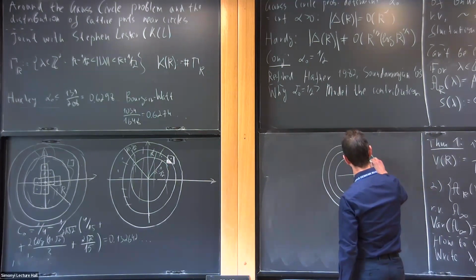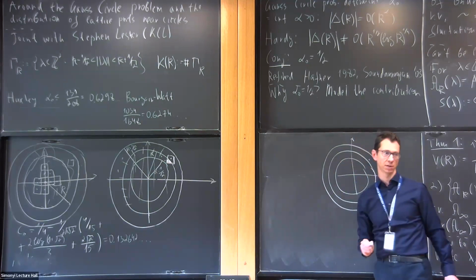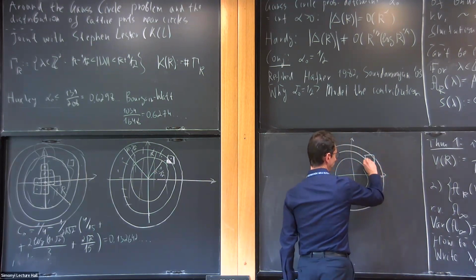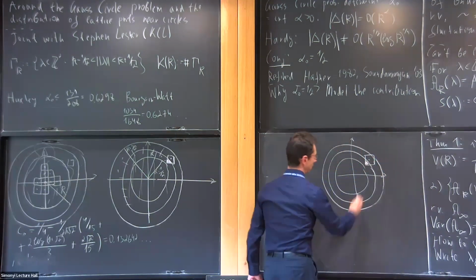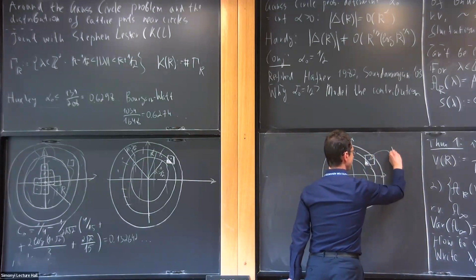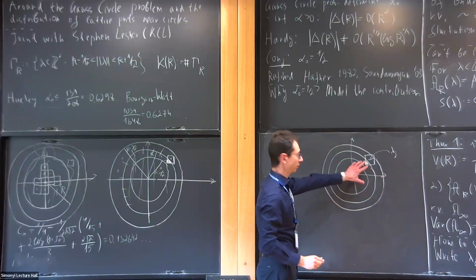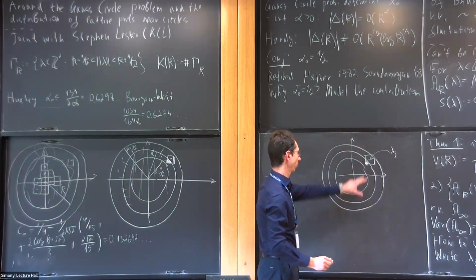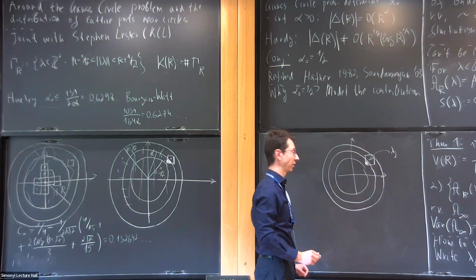So let's take a typical lattice point. Let's say it's here, and draw the square around it. This is going to be lambda_j. Now let's shift this picture by lambda_j, so that we put lambda_j at the origin.